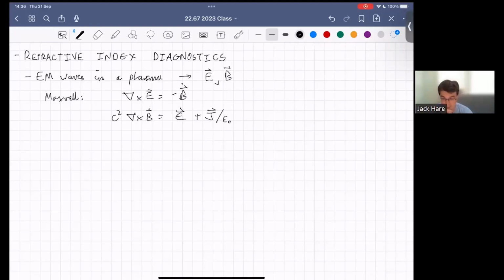You might be more used to seeing this equation with a mu naught. I've just moved the c squared over the other side because it makes the math a little bit easier on the next step. These equations are just true. They're true in any medium.